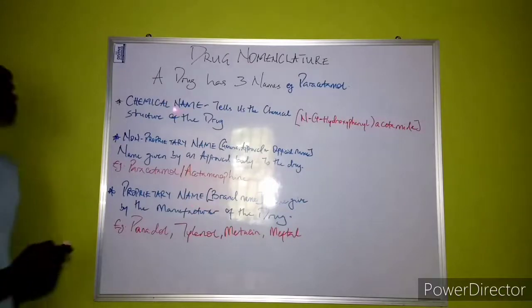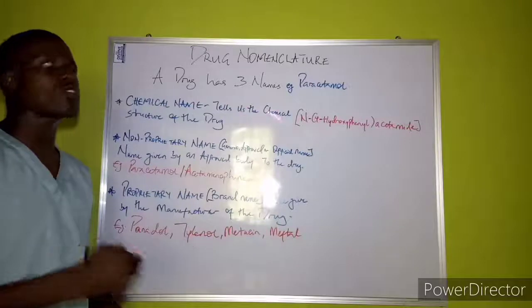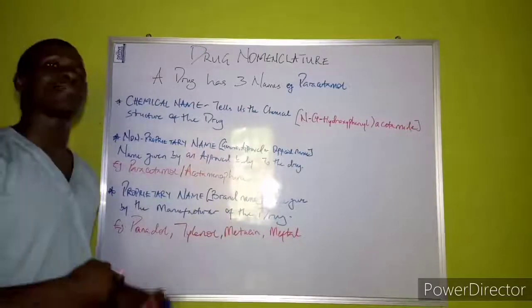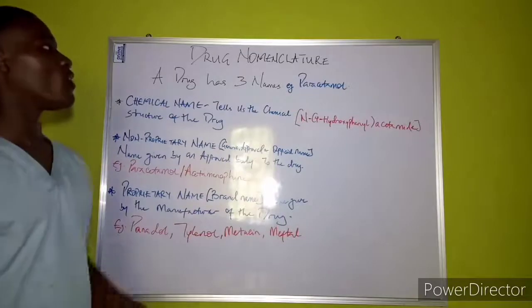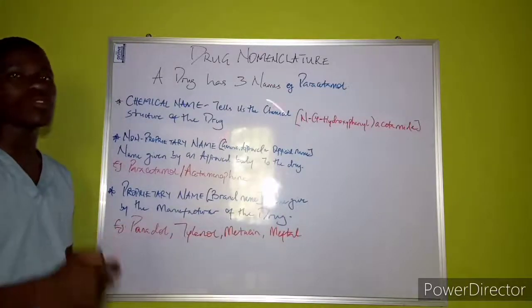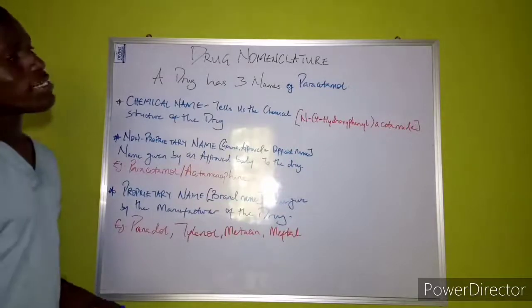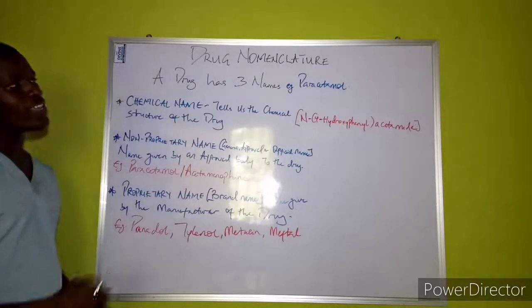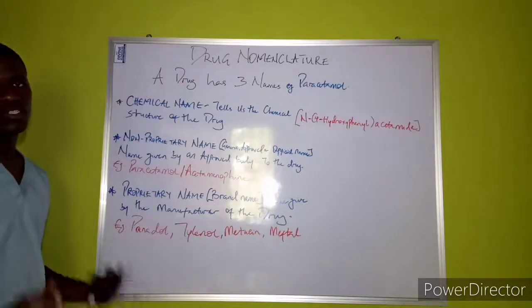Talking about the chemical name of the drug, it tells us about the chemical structure of that particular drug. Thus, the name consists of the chemical compounds that make up the drug. You get it now?